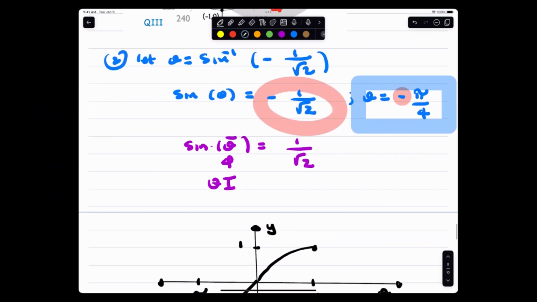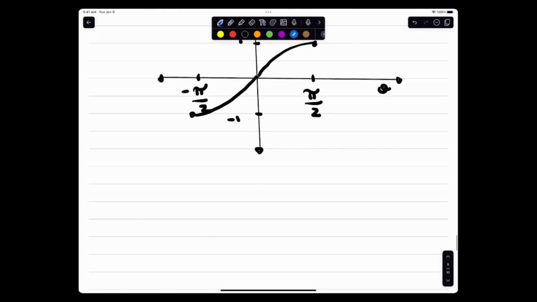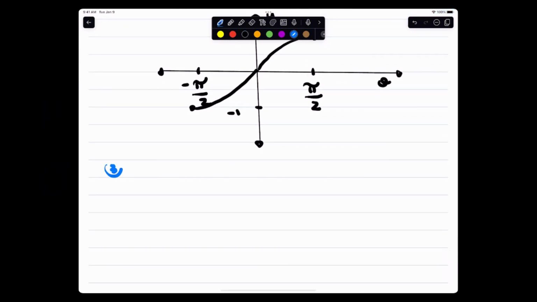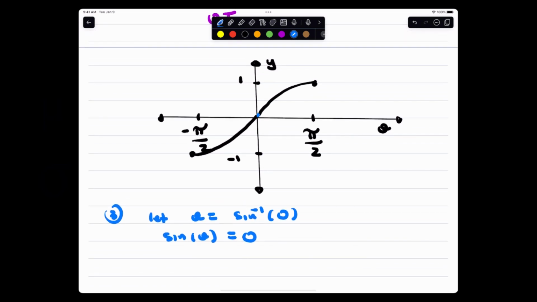So for question number 3, it looks like they now say, hey, we want you to look at inverse sine of 0 now. Okay, so use your definition. That means sine theta equals what? 0. Where is sine theta 0?